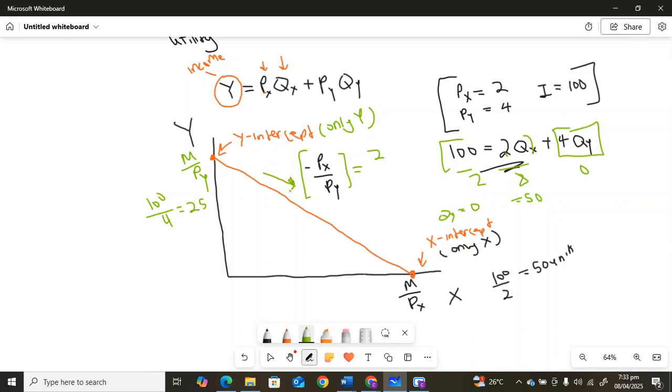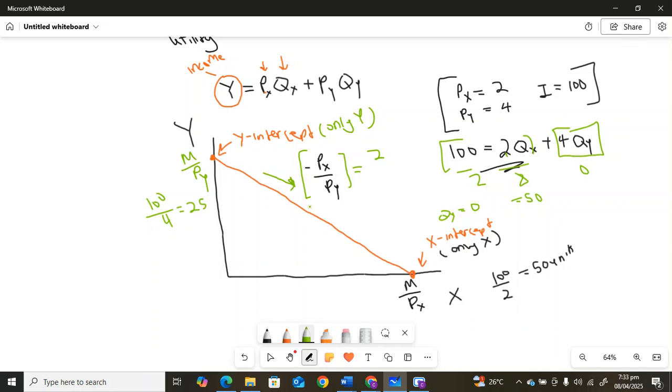And this slope basically is telling us how many units of a certain good you need to give up to get another good. Basically how many units of x you need to give up to get y, or how many units of y you need to give up to get x.